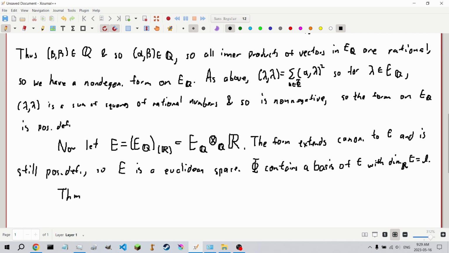To summarize, I'm just going to use our space L, the maximal toral subalgebra H, root system phi, and the E that we have defined above, the Euclidean space. A says that the root system phi spans E, with 0 not being an element of the root system.